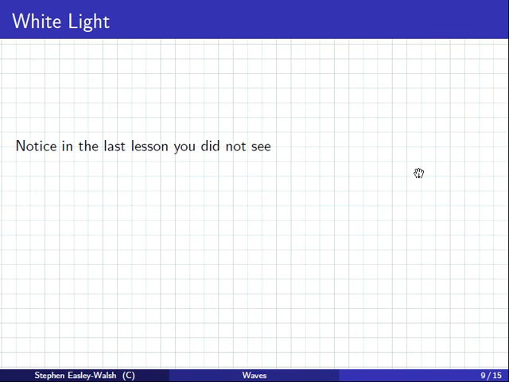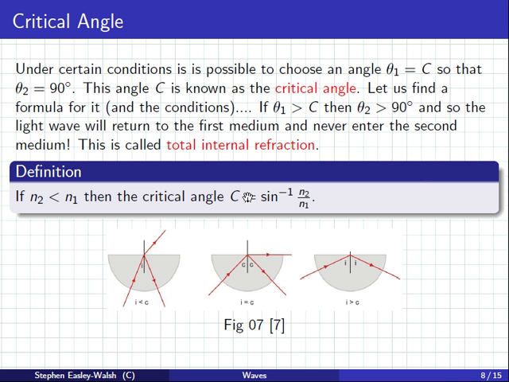So you have this formula here for the critical angle, but I want to talk about these three pictures a little bit. In this situation, when the angle is less than the critical angle, the light comes in the high index medium and out the low index medium.